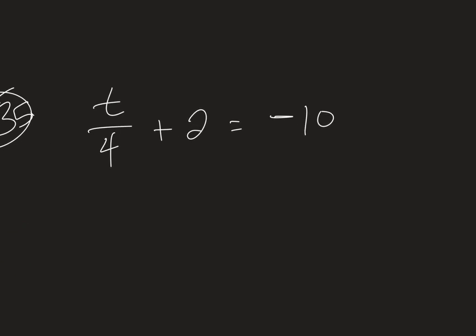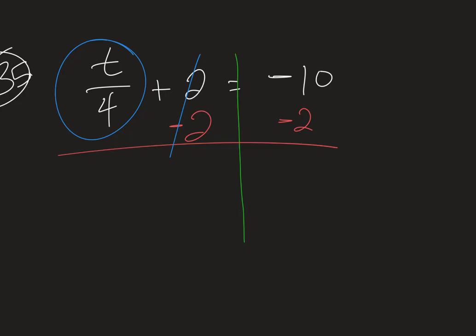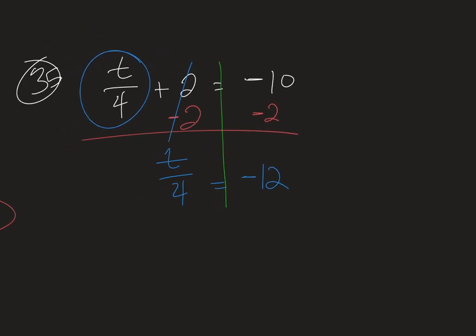35, all right, a little bit of an uglier looking one because we have t divided by 4 plus 2. I'm going to subtract 2, and that's gone. And that's left behind, that right there. T over 4 equals negative 12. What's going to happen to t?